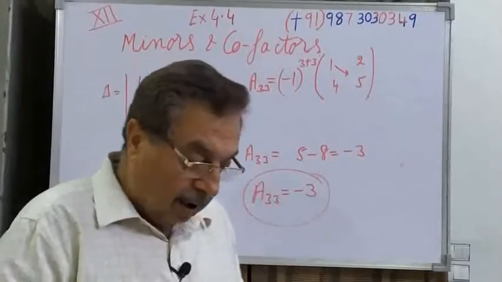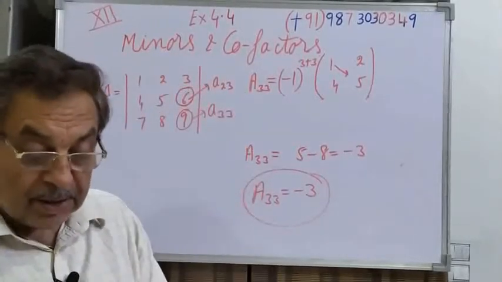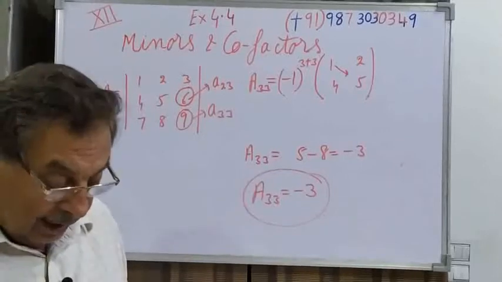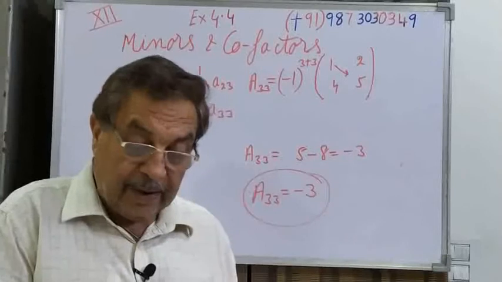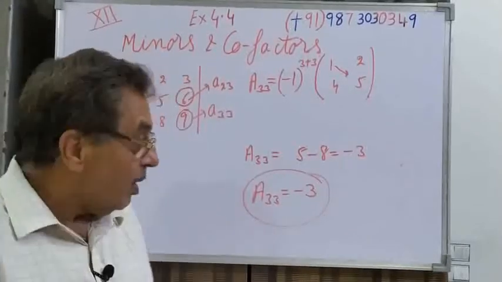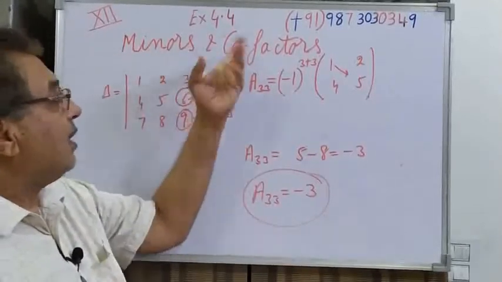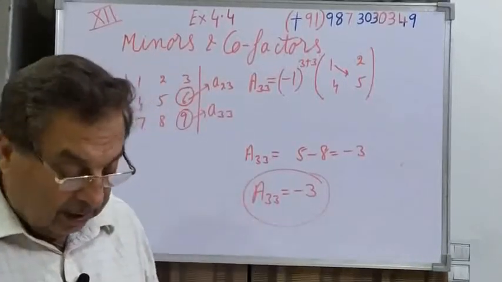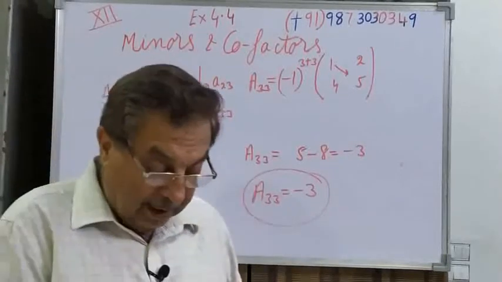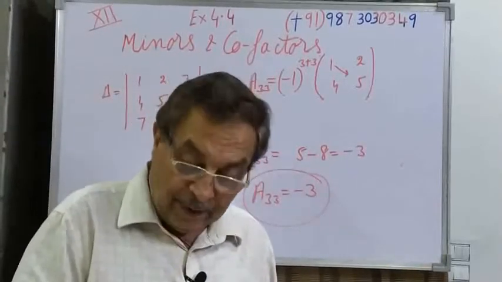Okay. Now, after knowing this concept, let us move to the next topic, which is finding the adjoint of a matrix. This minors and cofactors exercise 4.4 of the NCERT, the whole exercise, is very simple, finding the minors and the cofactors.